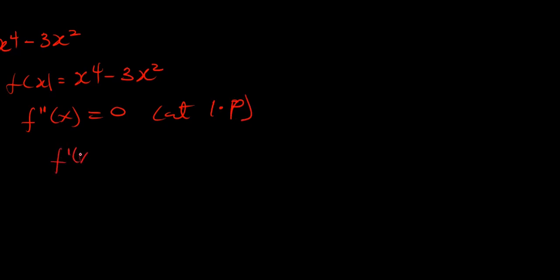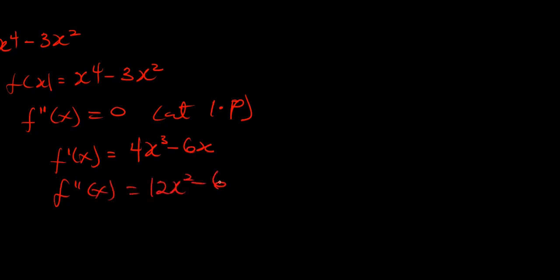So f prime of x is going to be 4x cubed minus 6x. f double prime of x is going to be 12x squared minus 6. So at inflection point, we are saying that f double prime of x should be 0. So 12x squared minus 6 should be 0.